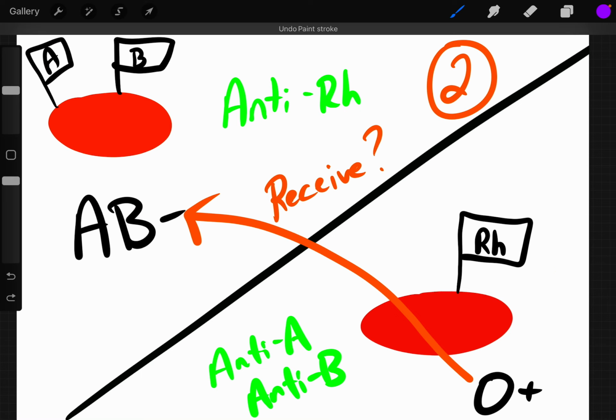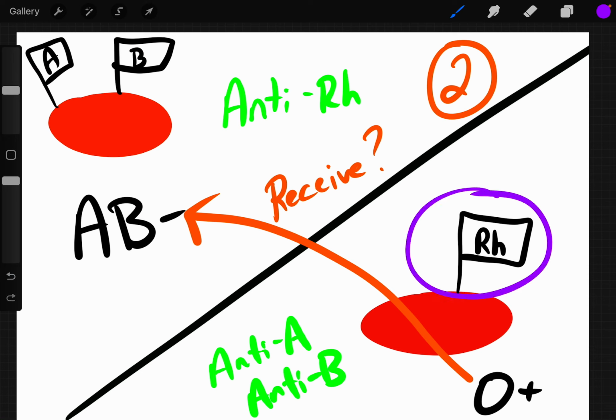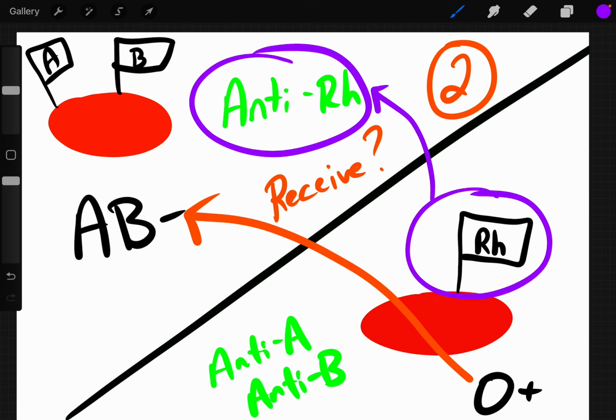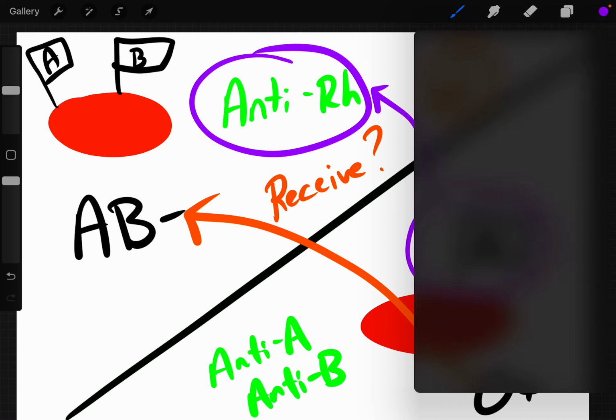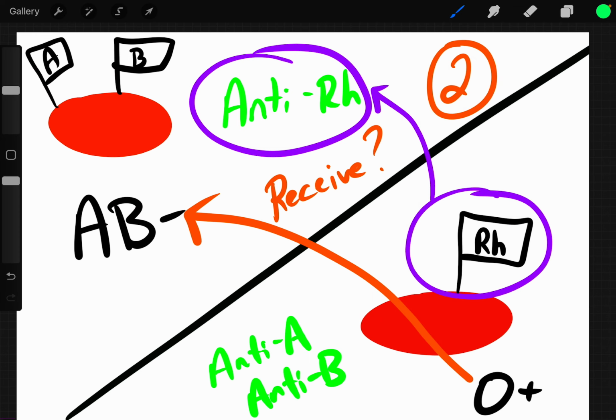I'll say that one more time: you've got antigens compared to antibodies. You will notice that the Rh antibody right here is going to kick out the Rh flag. So the answer is no. You cannot receive blood from O positive if you are an AB negative blood type.